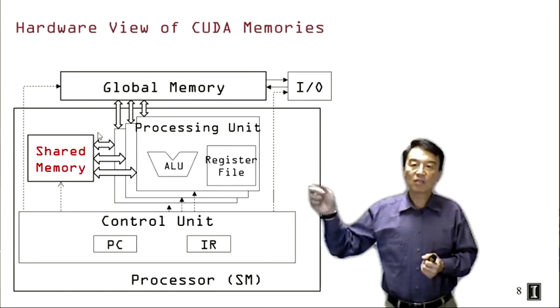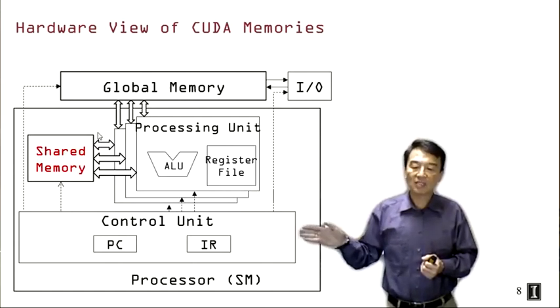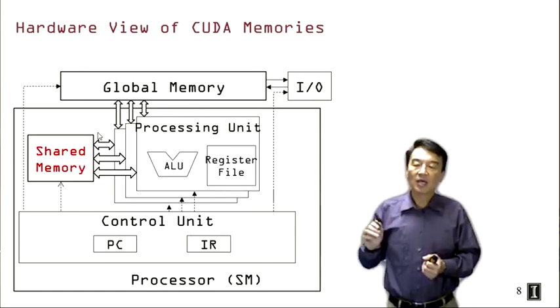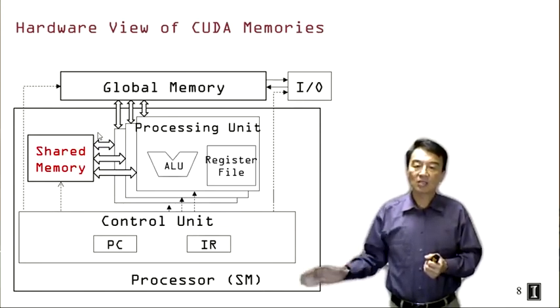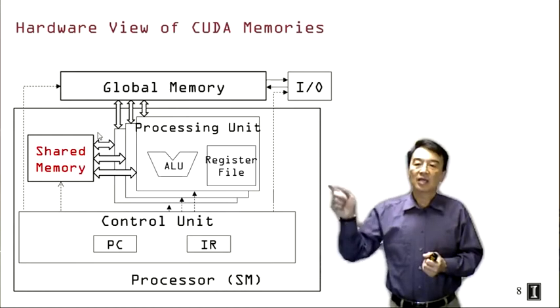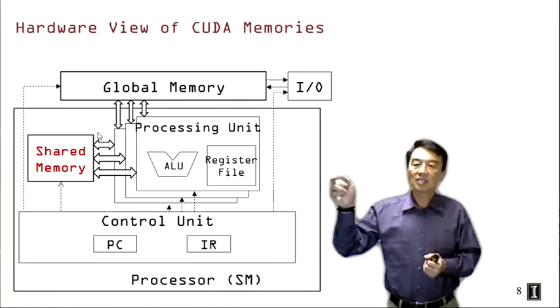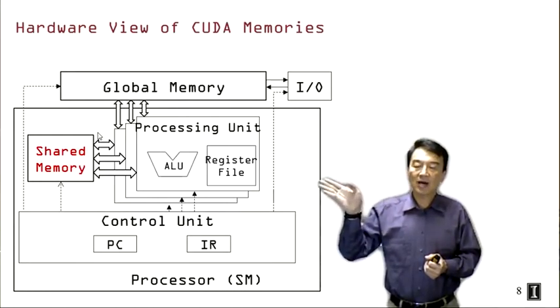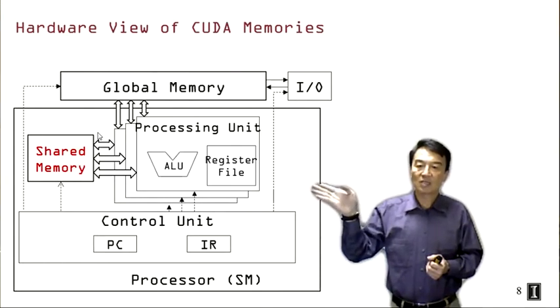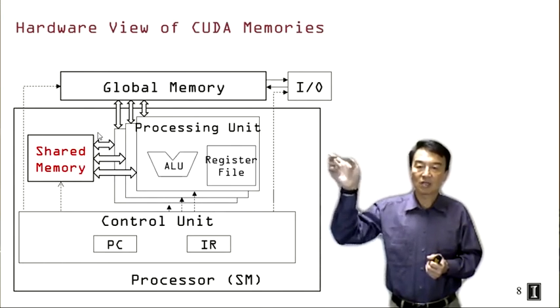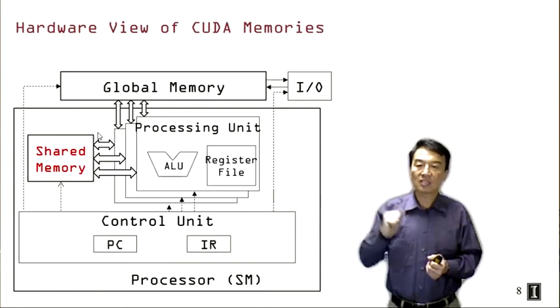So we're showing multiple processing units controlled by the same control unit here. The shared memory is actually in the processor, in this case the SM, and the shared memory is accessible by all the processing units in the SM. Those are the arrows that I show on the side here.